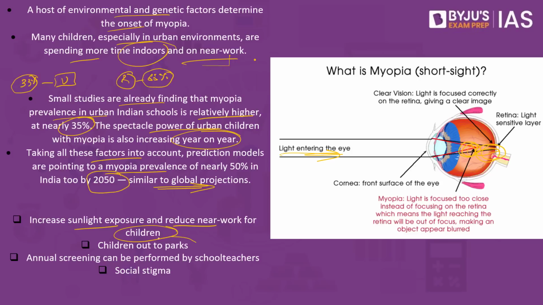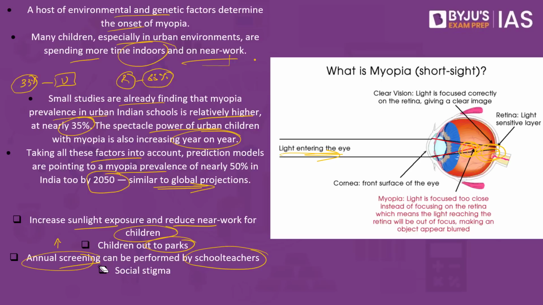Children should also go to parks, which means parents will have to encourage their children to go to parks and visit these places regularly. Schools must also encourage adequate exposure to sunlight, and the schools must also have annual screening which can be performed by the school teachers as well. This annual screening should be in such a way that all the children are tested.